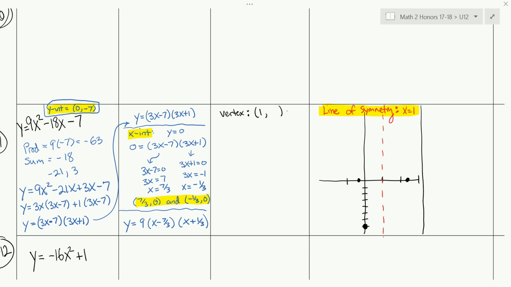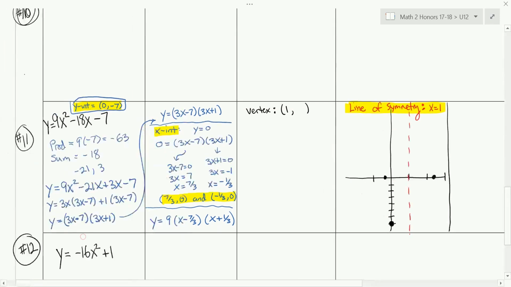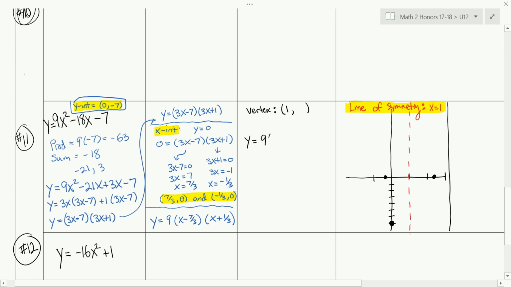Plug it in, right? Plug it into which equation? It doesn't matter. It's the same equation, just in a different form. So pick the form that you want, plug a 1 in, and find out what y is. So I'll pick the first one. If I plug a 1 in here, I get 9 times 1 squared minus 18 times 1 minus 7.